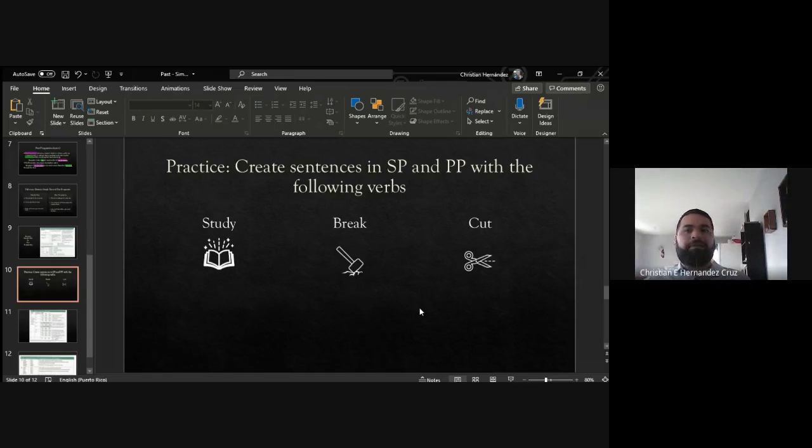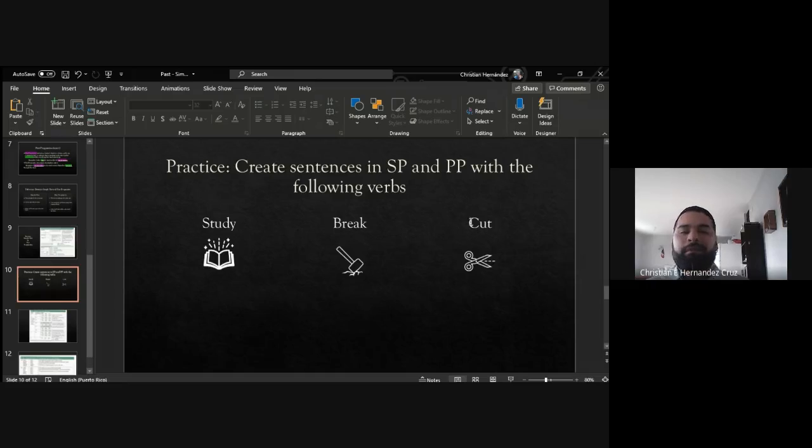Okay. So create sentences in both simple past and past progressive with the following verbs: study, break, and cut. So take a couple of minutes. You can write them in the chat. You can write them in your notebook, whatever. Just make sure that you are sure that the sentence you're writing is simple past or past progressive. And basically, I want to see 6 sentences from each of you. Okay? So you make study in simple past, and you make a sentence with study in the past progressive.